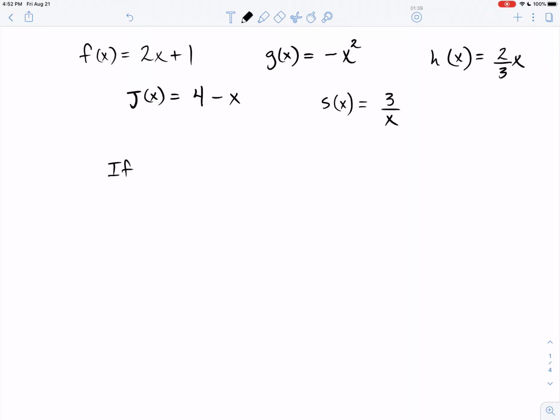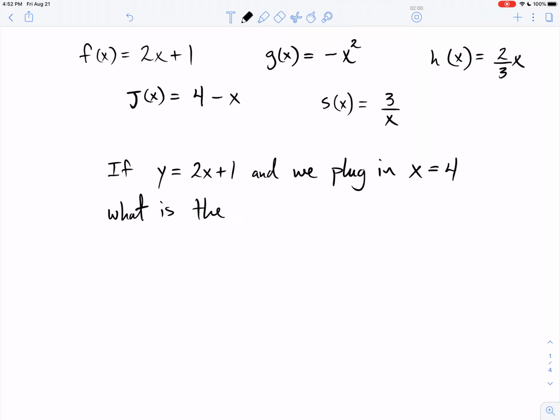If y equals 2x plus 1, and we plug in x equals 4, what is the resulting value of y?